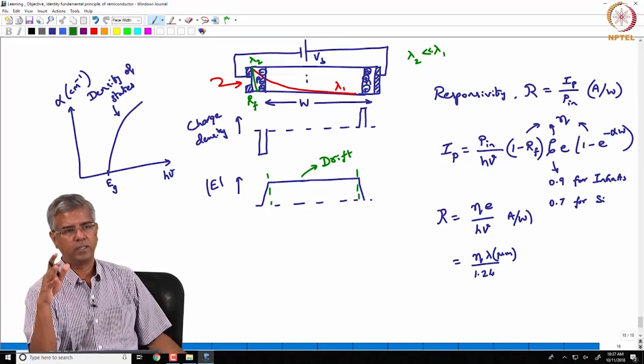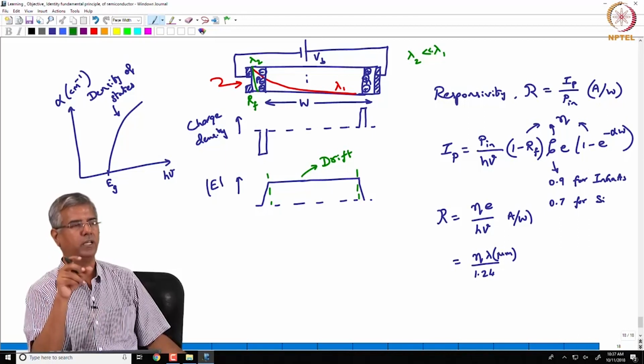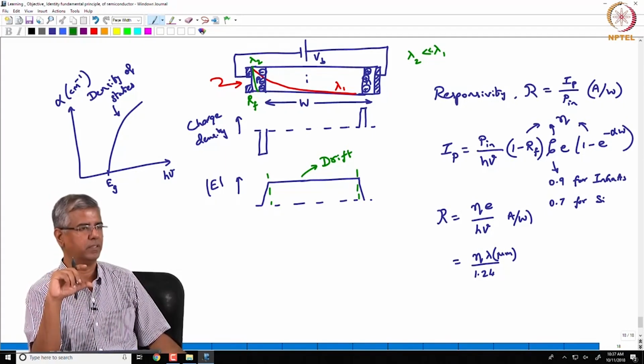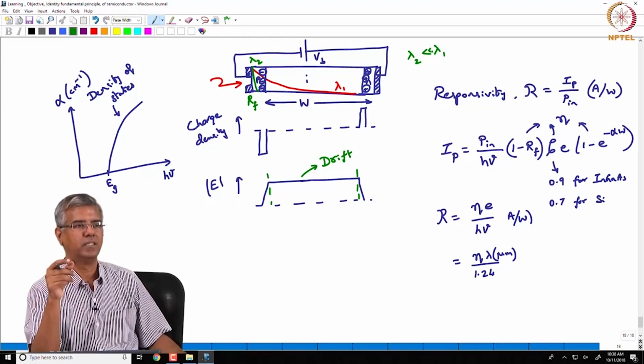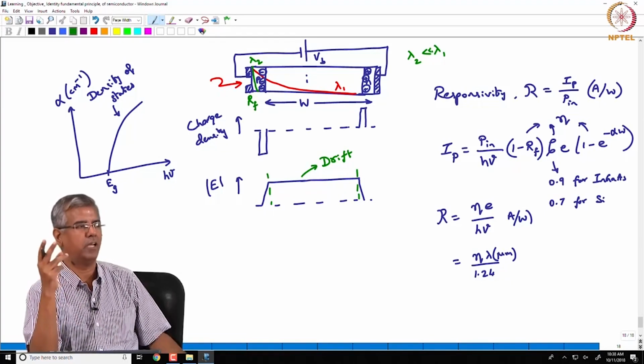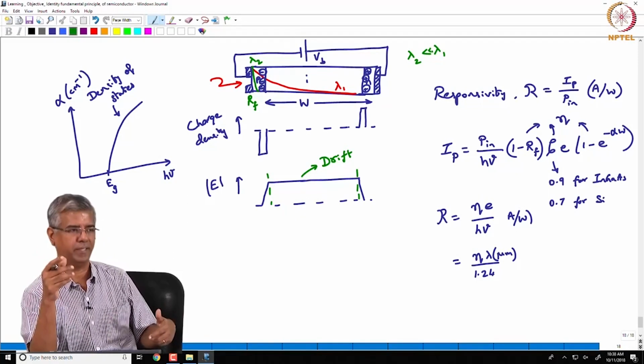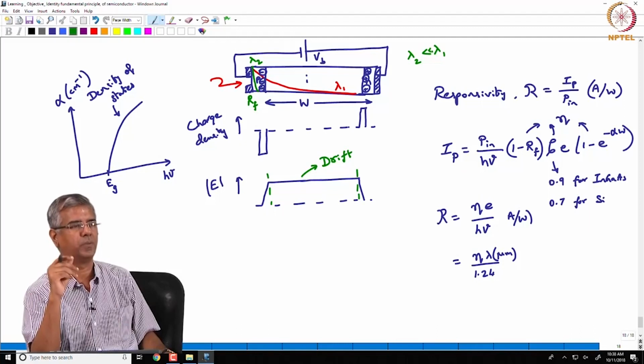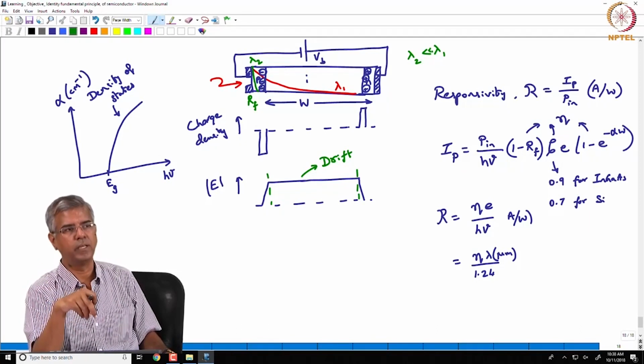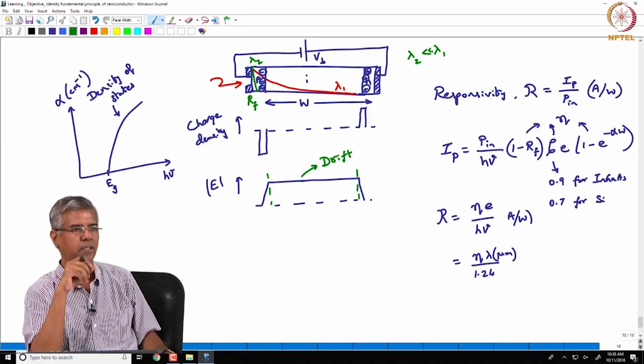If you are going to a much shorter wavelength, which corresponds to much higher frequency and higher energy, then you have a very high value of alpha, because your density of states is very high in those regions. It will get absorbed within a very thin layer near the facet itself.